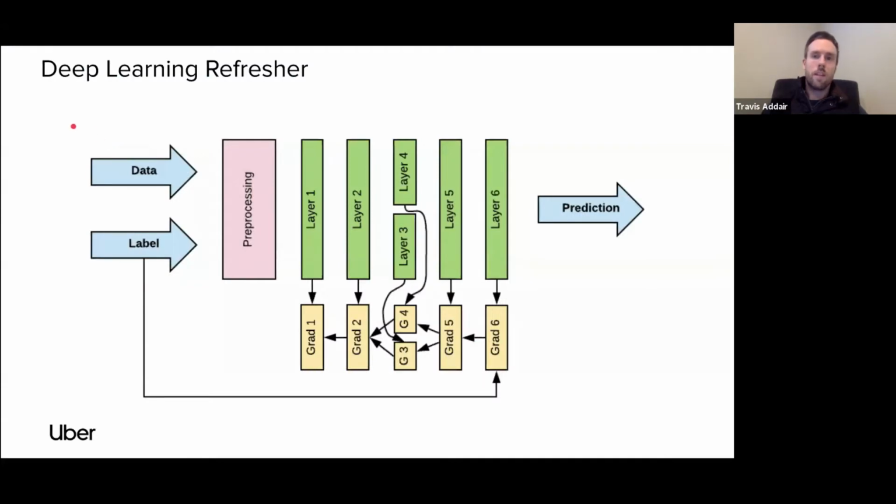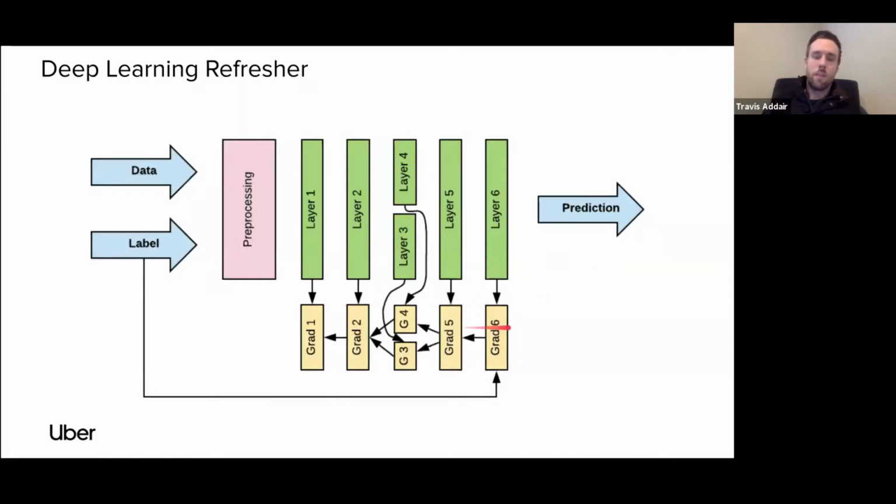So let's get into things by quickly going through a refresher on the deep learning training process. When we do deep learning, we typically have some labeled data, so this would be supervised learning. The data is fed through the network. It creates an output prediction, and then it's compared against the label.